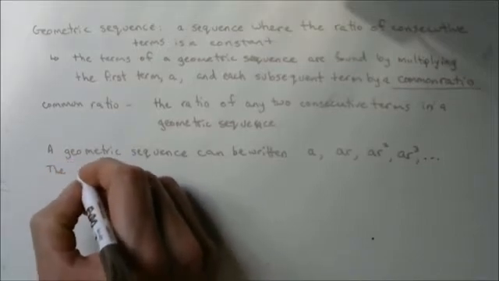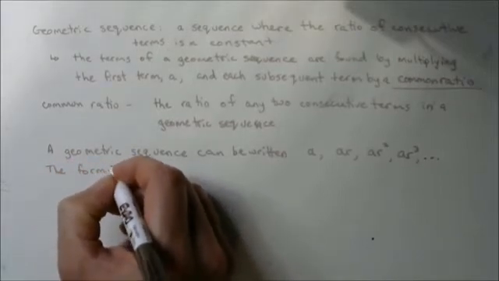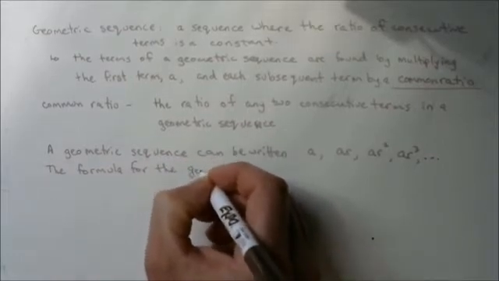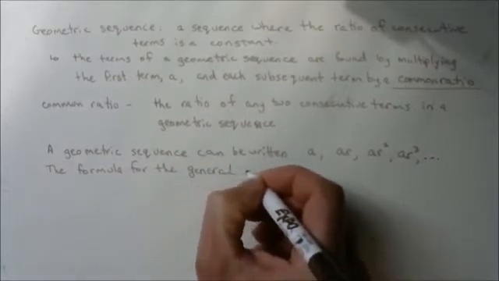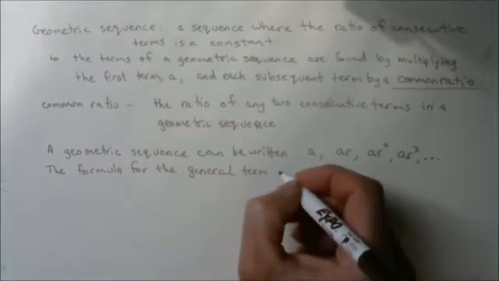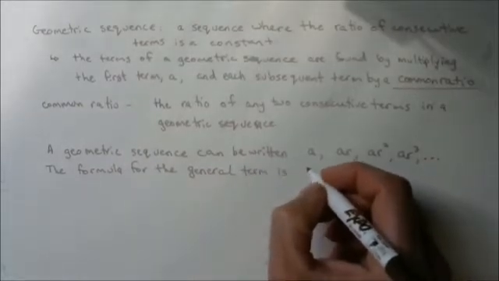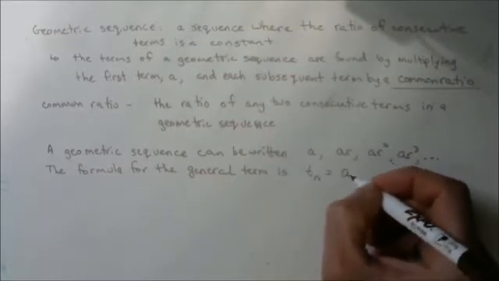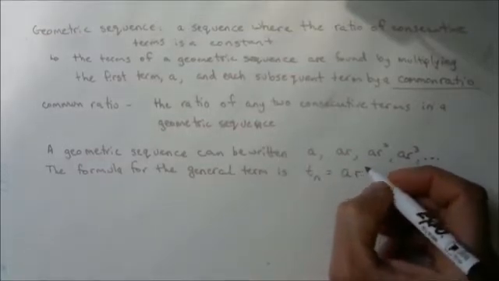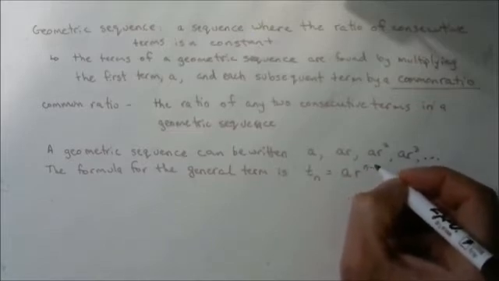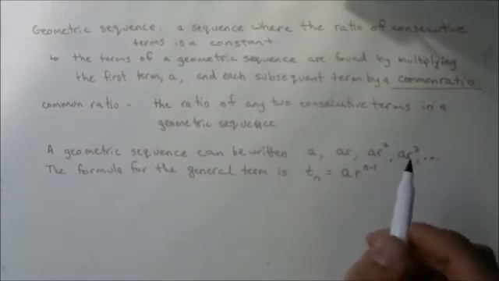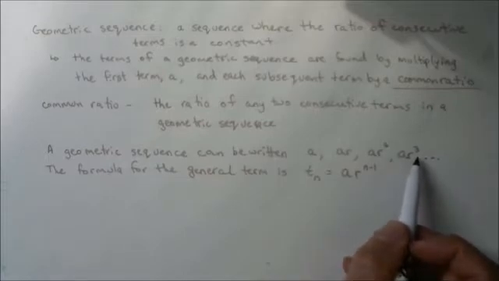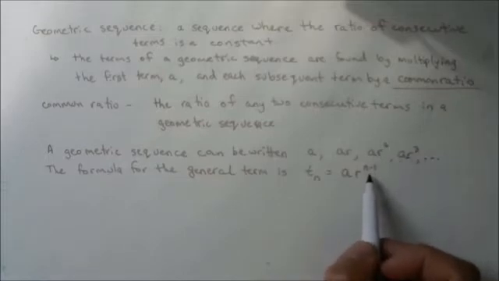Last line, the formula for the general term is T sub n equals a times r to the power of n minus 1. So the term number, there is one less factor of r than the term number.